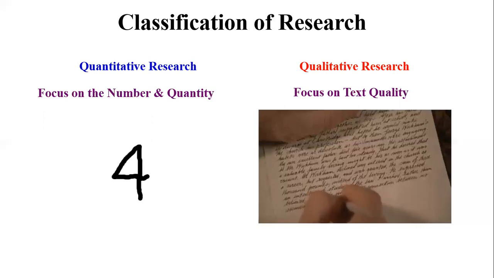Text written in the past, everything which comes in text form, in paragraph form, explanation form, description form, is a type of qualitative research, where there is only text, no numbers, no quantity, and no unit of measure discussed. But quantitative research is a very systematic and sequential study, right?